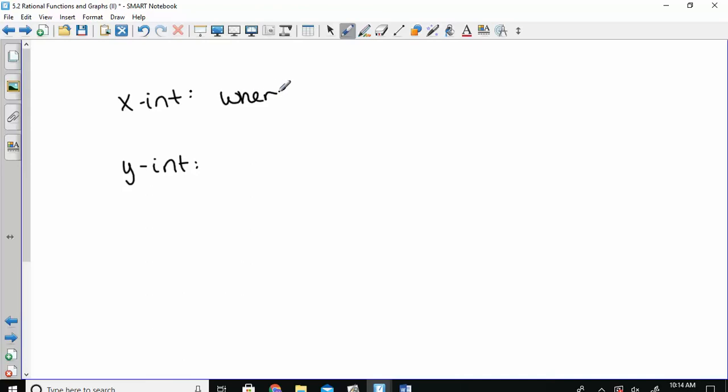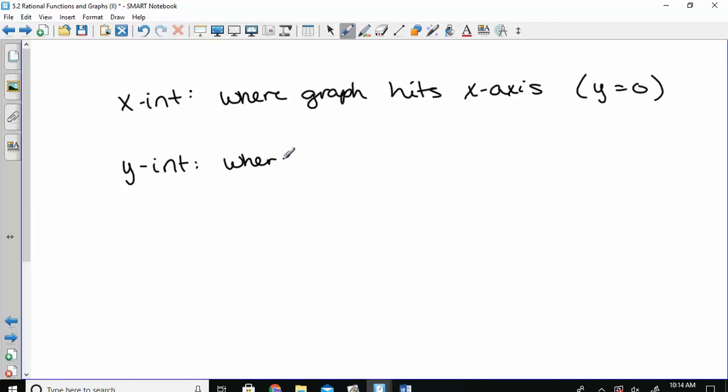It's where the graph hits the x-axis, and if you're on the x-axis, what's your y? So the y-intercept is where the graph hits your y-axis, which means your x is 0. So if you want to find the intercepts, we just plug in zeros for the opposite variables.